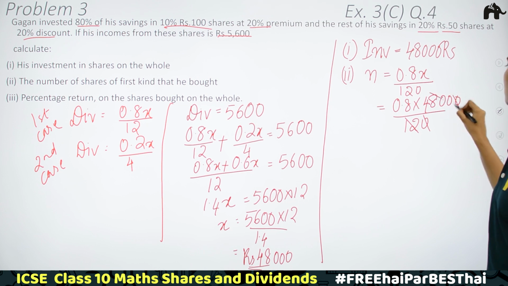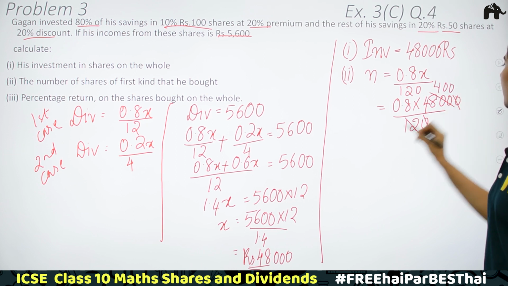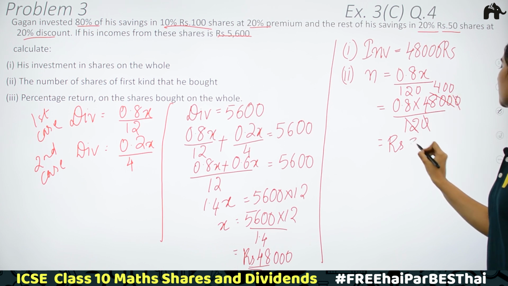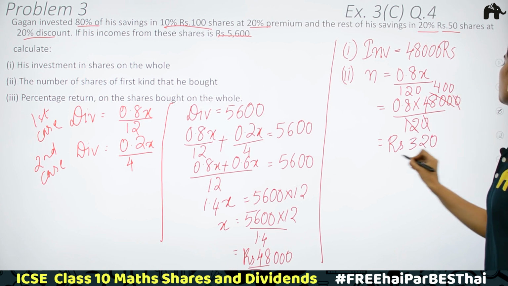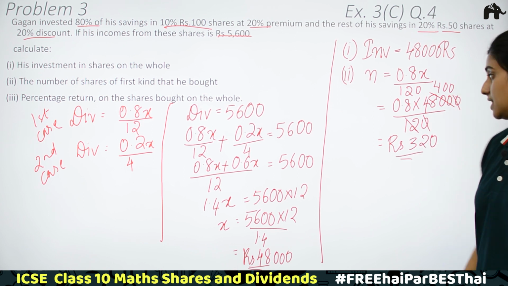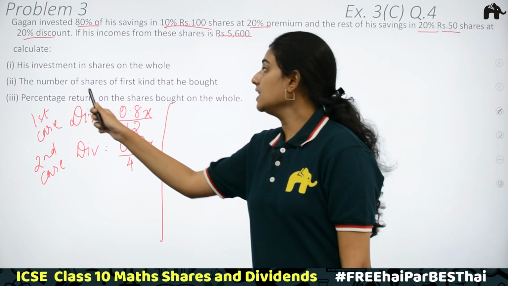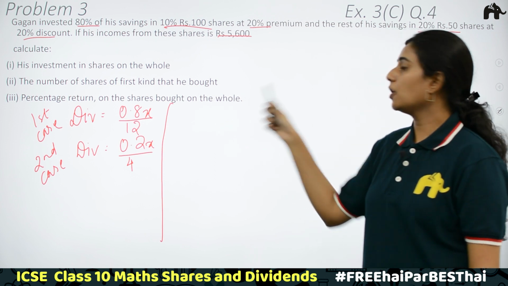You will be getting 400 rupees. 8 into 4, 32 and a 0. Rupees 320. Second part done.